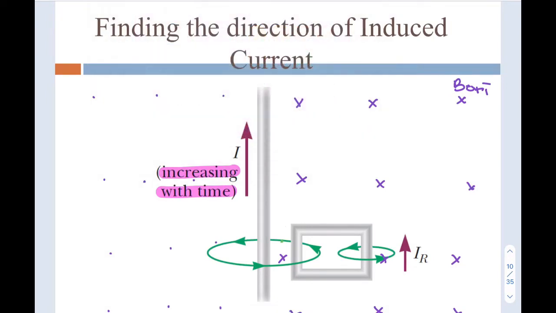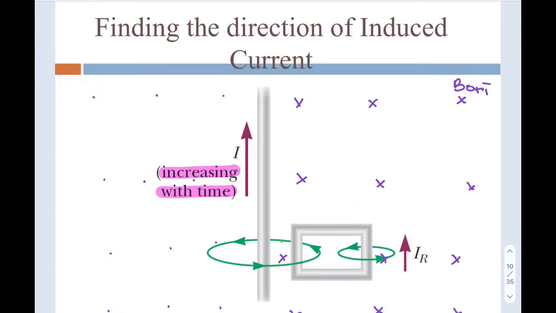Right. Then all of a sudden, during the moment of increasing of I with time, within that instant there must be an I induced within the loop. Why is it symbolized by R? The load, the resistance. So the B original is into the page, right?